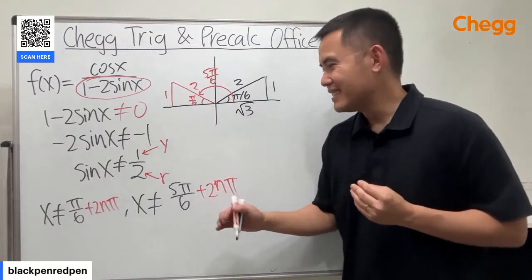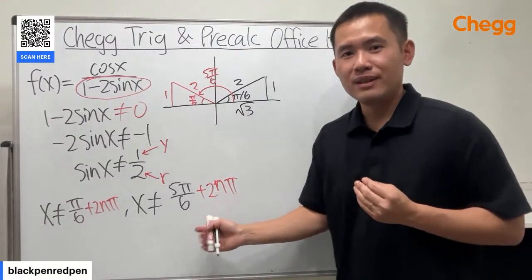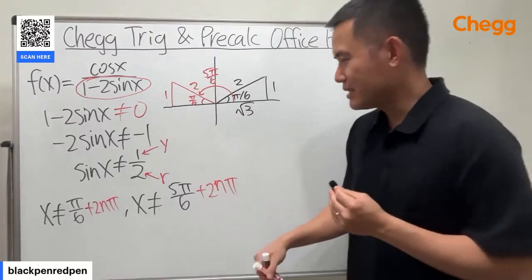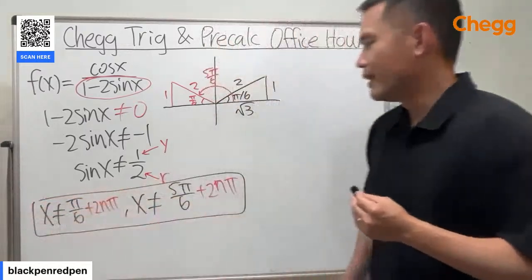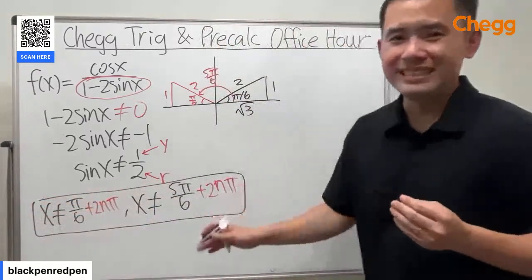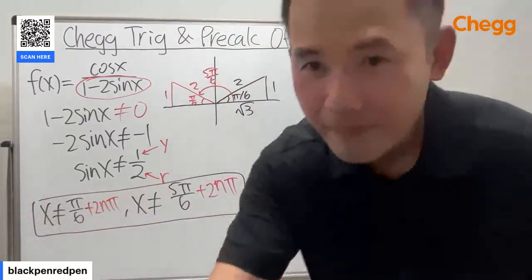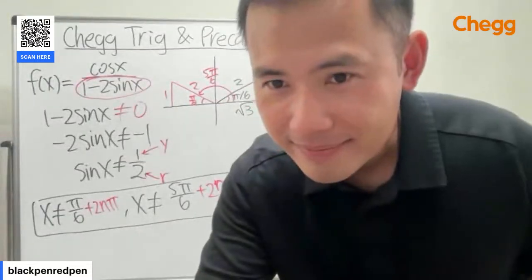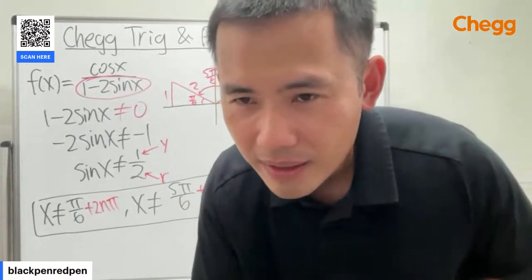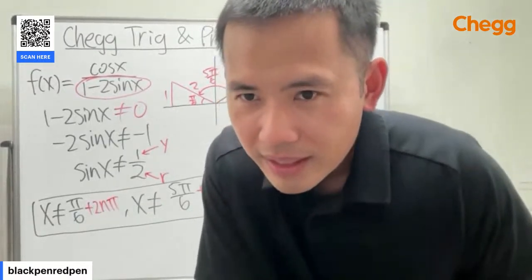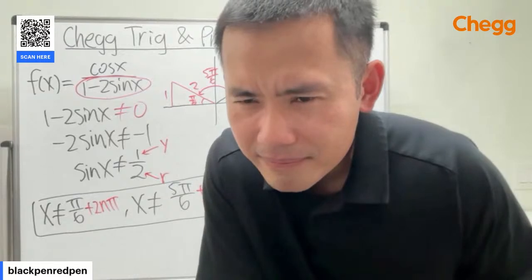And because you already have infinitely many answers, just leave the answer like that. Just set that restriction, say x cannot be these numbers. Right? All real numbers, but not these. We have infinitely many of them though. All right, let me take a look at if you have any other domain questions.